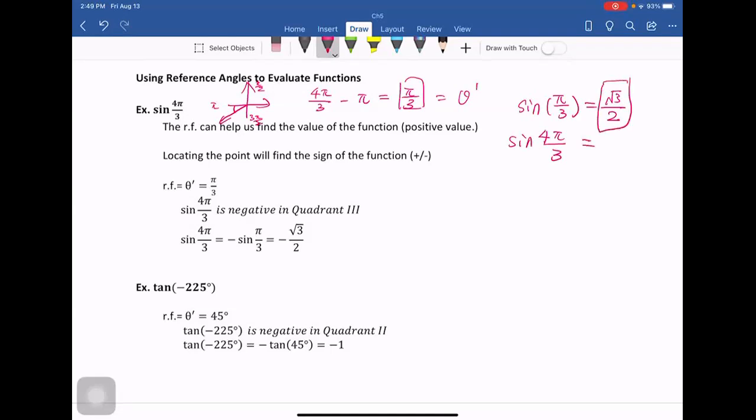It must have the same magnitude as at 3 pi over 2, but the sign may be different. So it's in the third quadrant. The sign here is negative, so we must put a negative sign here. Right now we have used the reference angle to evaluate the sine of 4 pi over 3.